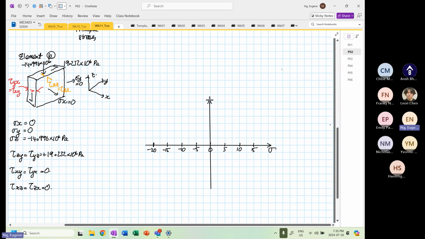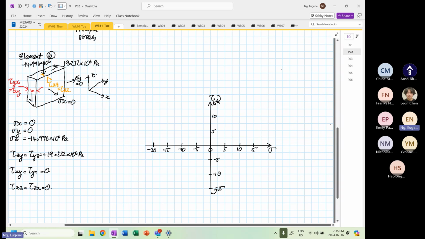So the shear, we tend to write the shear stress, and then we tend to write rotation of the element clockwise at the top. At the bottom is anti-clockwise. So this is minus 5, minus 10, minus 15. Okay, so this is 5, 10, and 15.